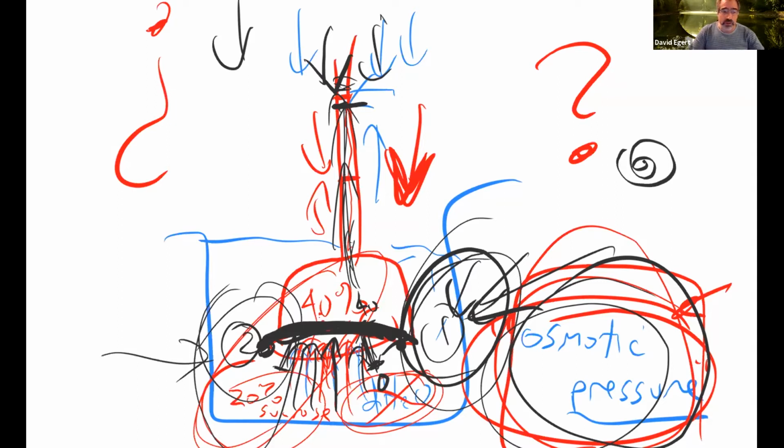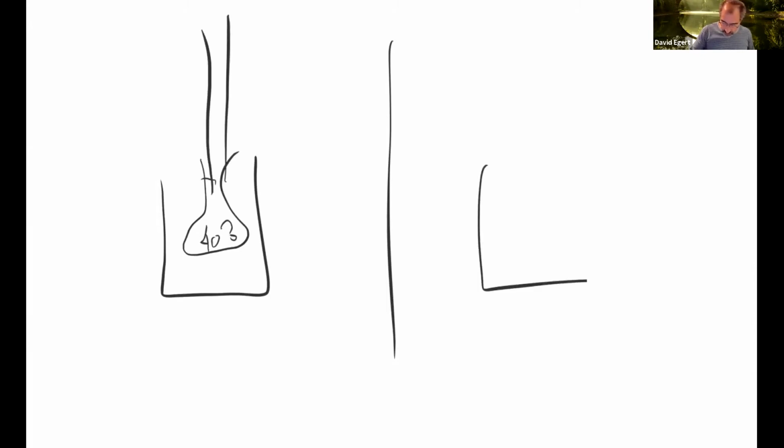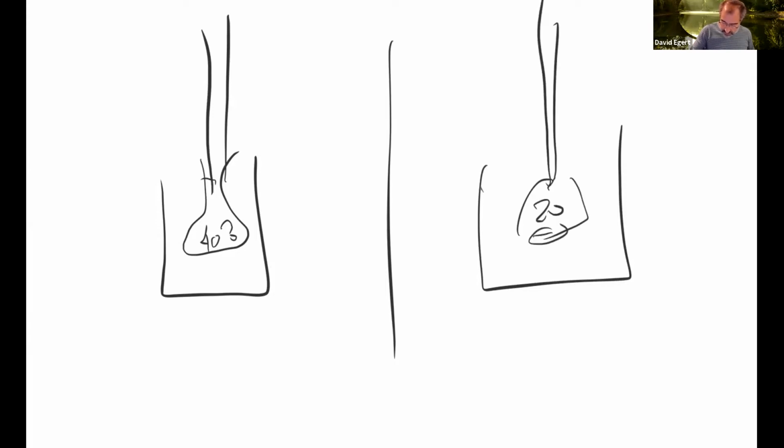Normally what we do is I split you into two different groups, and half of you would set up your things with 40% in the tube, and half of you would set these up with 20%. And there are lots of sources of variability. What are sources of variability in this thing?